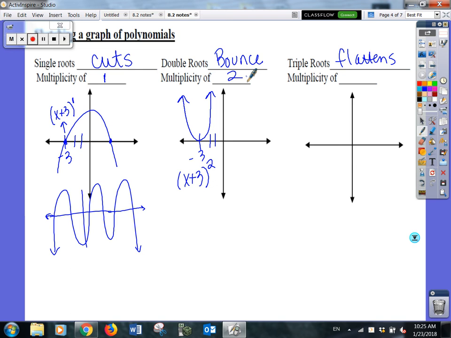Something that triple has a multiplicity of 3. And what that looks like is it comes down here and kind of flattens through the x-axis. Let's say that flattens right through at 3, so that factor would be x minus 3, and since it flattens, it would have a multiplicity of 3.